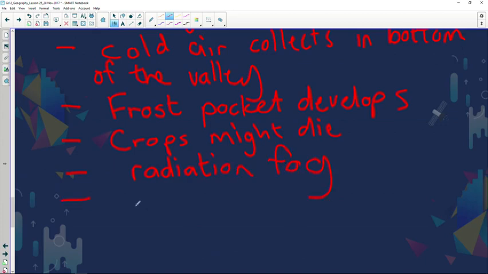And that reduces visibility. And cold conditions can have a negative impact on your health. And there is no advantage of the thermal belt.